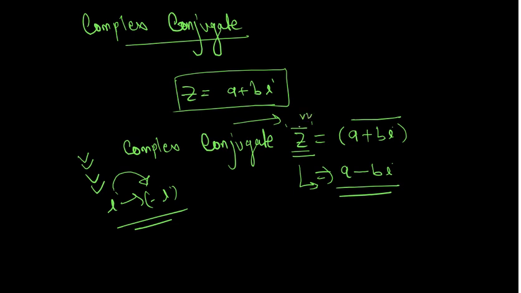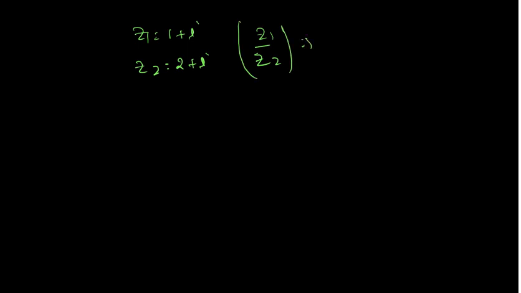Actually it is required when we want to divide two numbers. For example, z1 is equal to 1 plus i, z2 is equal to 2 plus i, and we want to get z1 divided by z2, what will happen? See, if you want to get 1 plus i divided by 2 plus i, you cannot solve it at all unless you use the complex conjugate process.